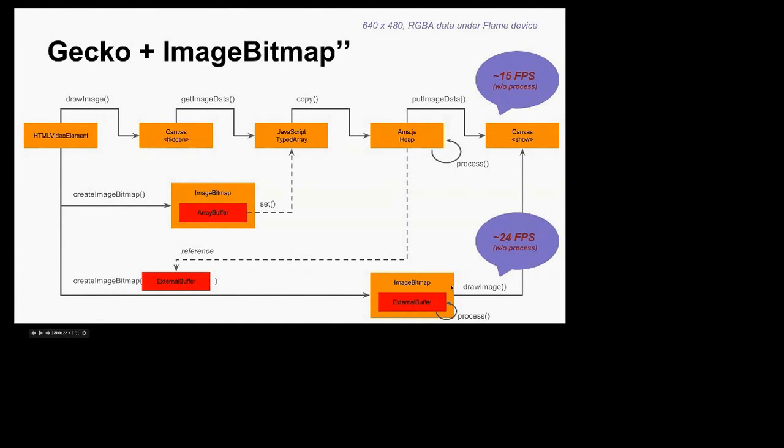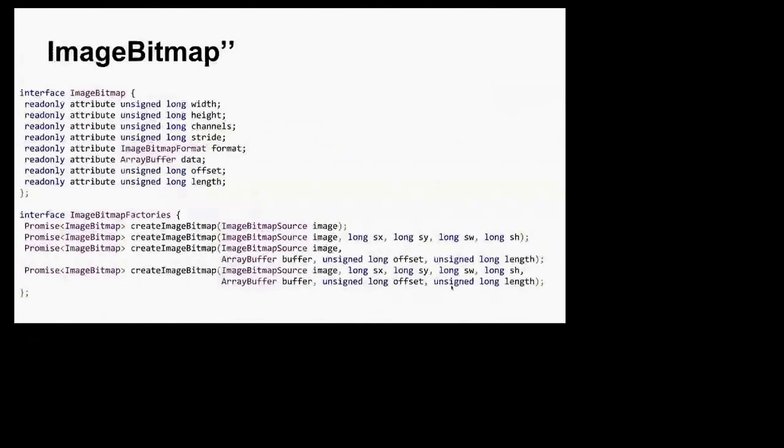Okay. So here is the image bmap double prime interface we would like to propose now. Except for the original width and height properties of the image bmap, we add several properties to support what we want to do. The first one is channels, stride, format.